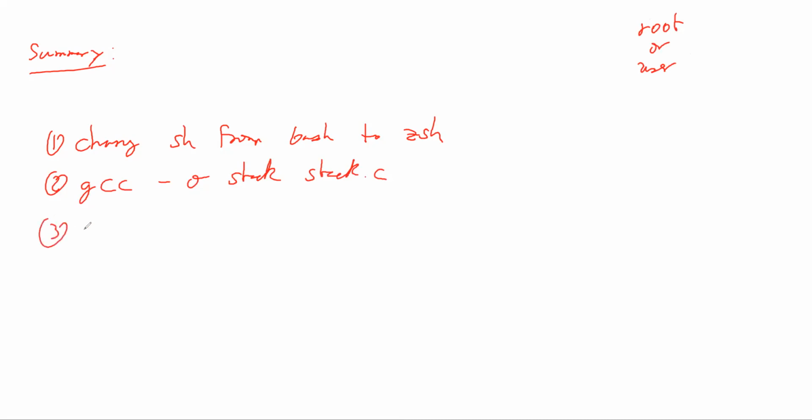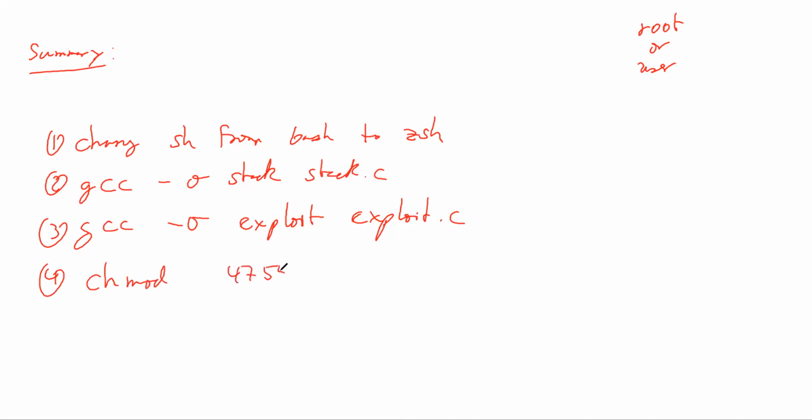Then you're going to have to compile exploit. Okay. Now, one of these needs to be chmod 4755. Right? What is that again? What is chmod 4755? What is that?